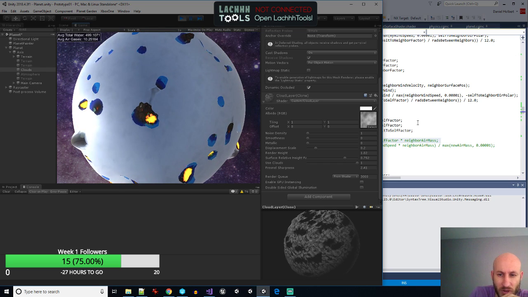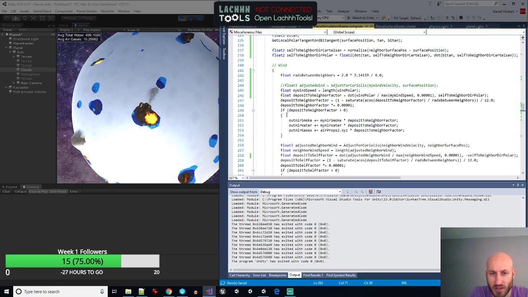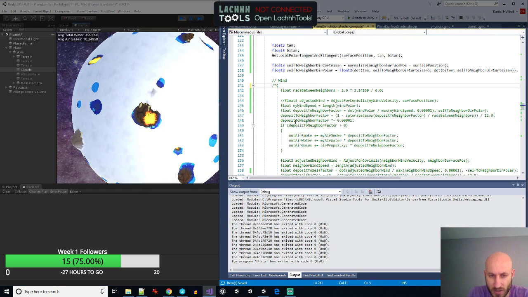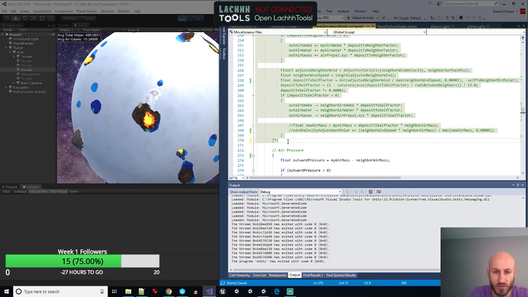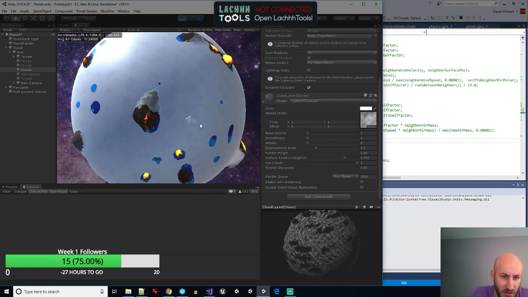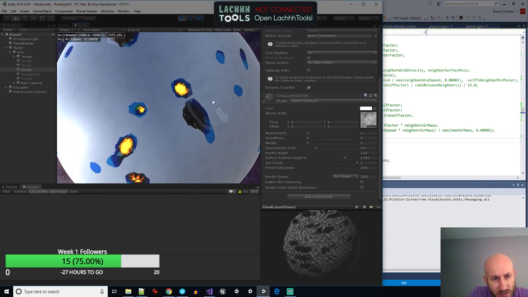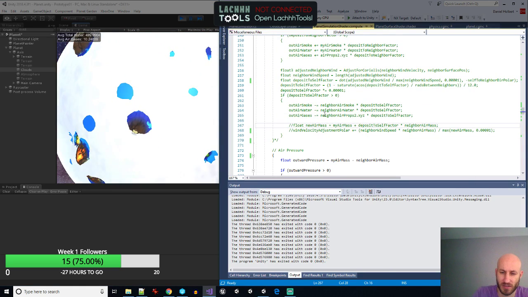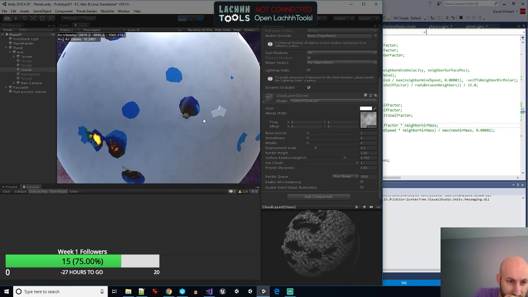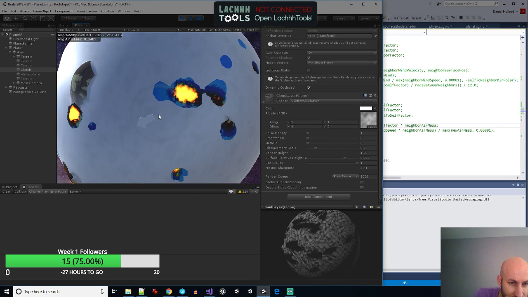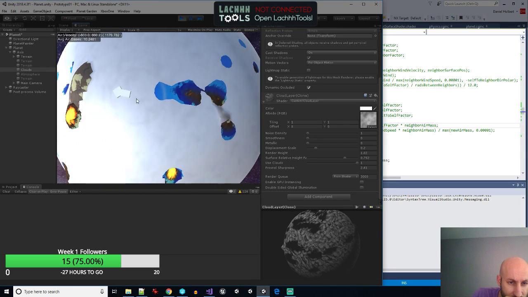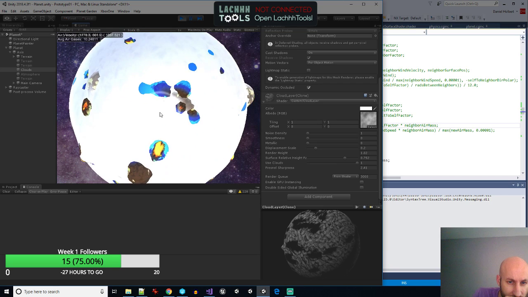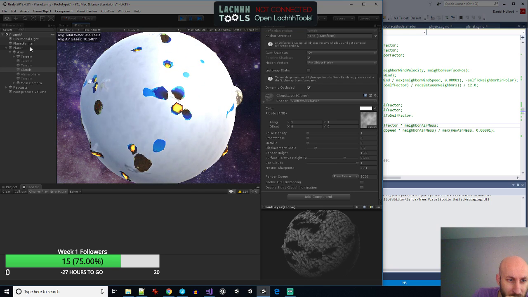Maybe the wind is just blowing it all away. So let me try again to disable all the moving of stuff around by the wind. Let's see what happens. I'm kind of curious about where all my water is.